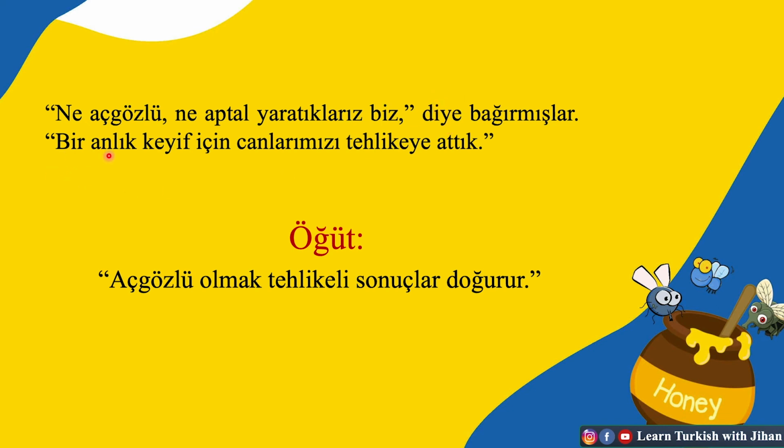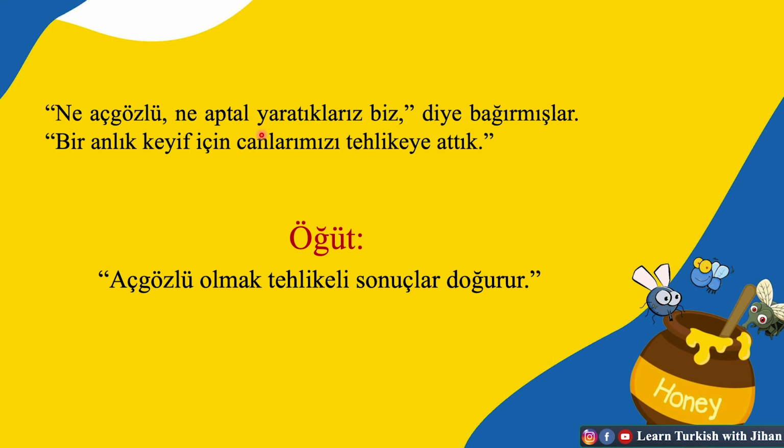Finally, bir anlık keyif için canlarımızı tehlikeye attık. Tehlikeye attık. We risked. The k is for we, the personal pronoun. These two words mean we risked. What did we risk?